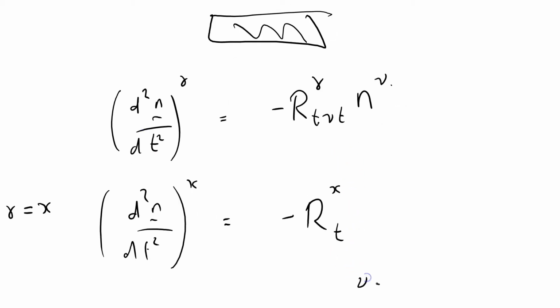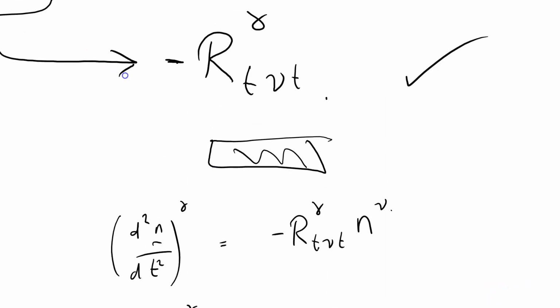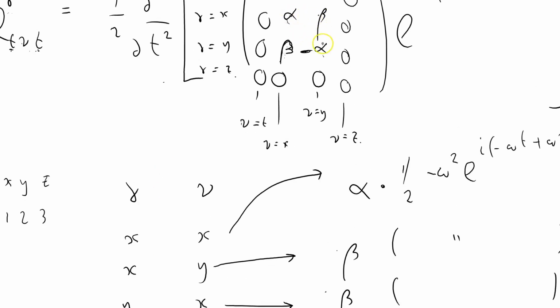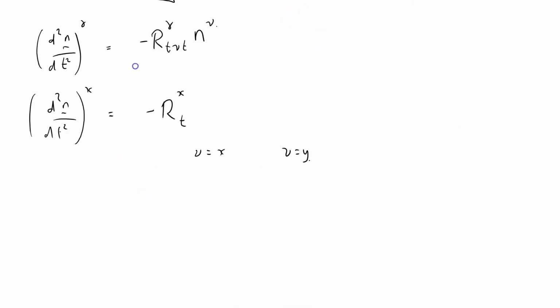The only terms we've got are nu equals x and nu equals y, because last time, when I made up this table, I observed that we only had 4 non-zero components.